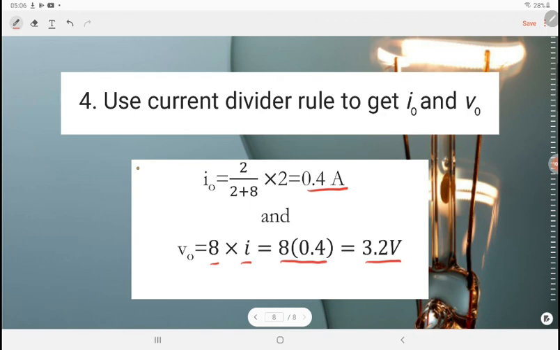Therefore, V naught equals 3.2 volts. So we can do a repetition of source transformations in order to get the simplest circuit. When we get the simple circuit, we can apply a very basic rule to get the value that we are looking for.